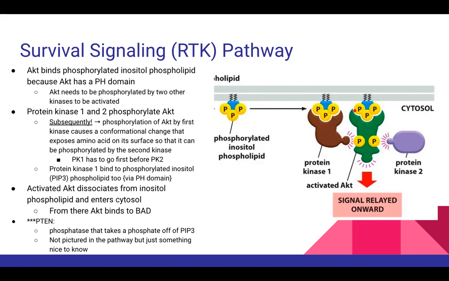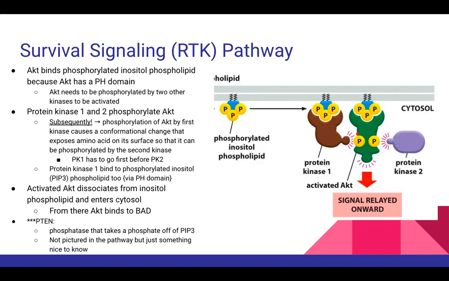So AKT will bind to phosphorylated inositol, and then in order for AKT to become active, it has to be phosphorylated at 2 sites. Protein kinase 1 will come in and phosphorylate AKT at one site.